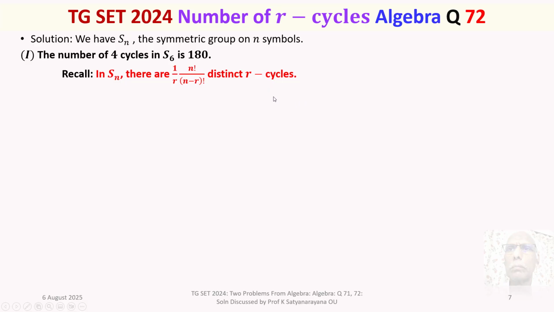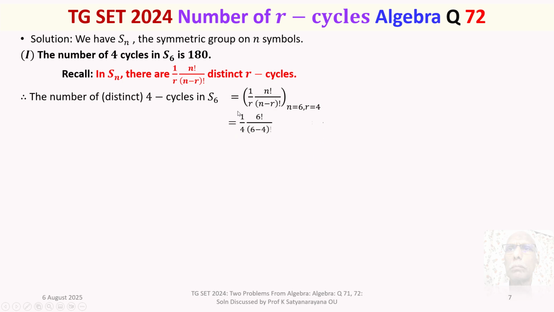But what do we want? We want 4 cycles. So put r equal to 4, and in S6, n is equal to 6. The number of distinct 4 cycles in S6 is 1 by 4 into 6 factorial by (6 minus 4) factorial. 6 factorial is 720, 1 by 4 into 2 factorial.